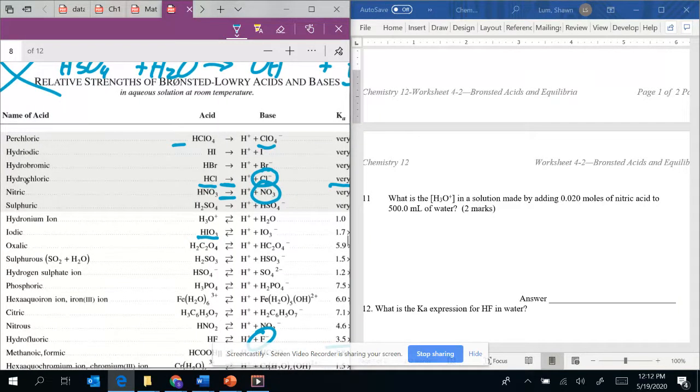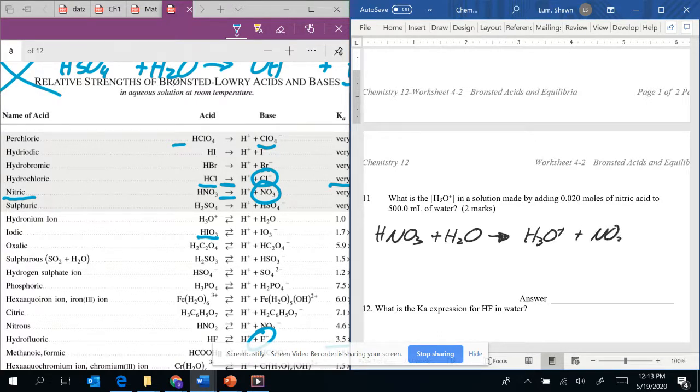Here's nitric acid, so this is 100% ionization. If you started with HNO3, sorry, I should do it properly and say plus water. It's not going to be an equilibrium. It's just a one-way reaction that turns into H3O plus and NO3 minus.